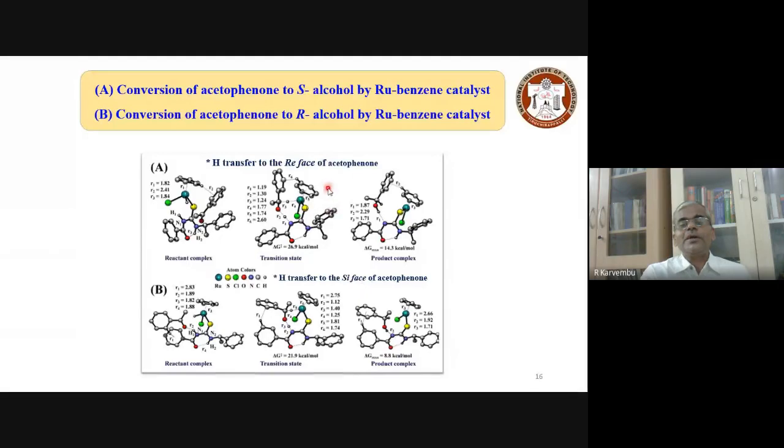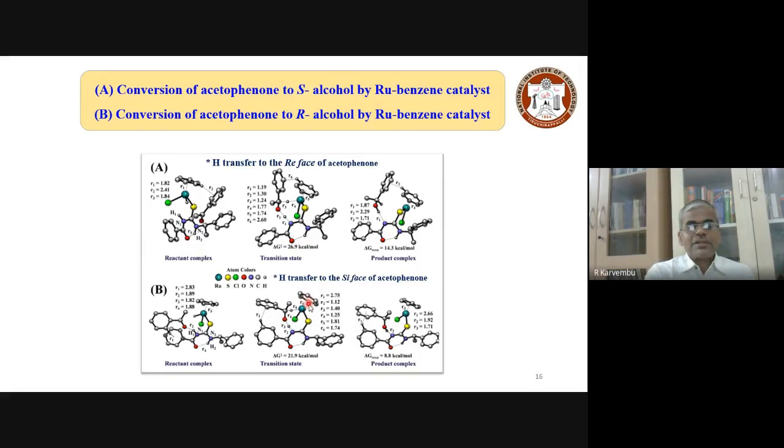So whenever you have a re-face interaction, you would get the S alcohol. Whenever there is a si-face interaction, that would lead to the R enantiomer of the alcohol during the hydrogenation or transfer hydrogenation reactions. When you compare these two, the energy of this transition state is less compared to this transition state.